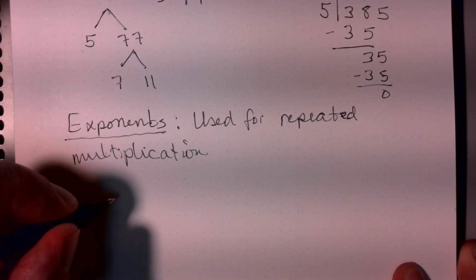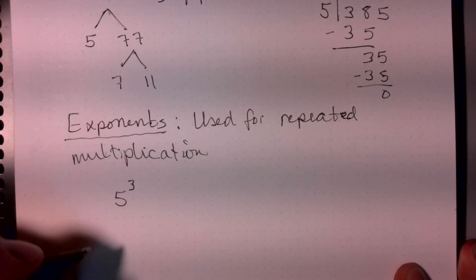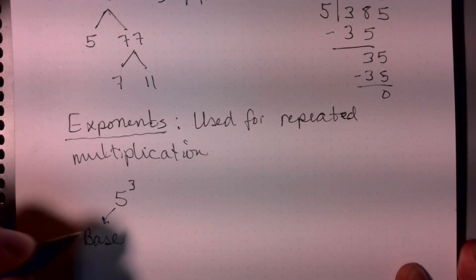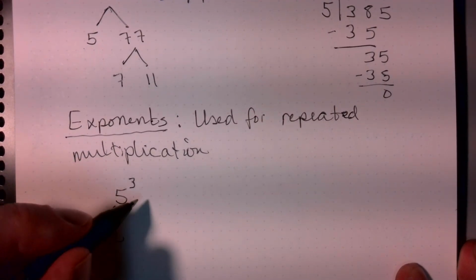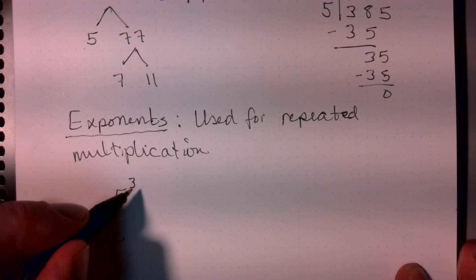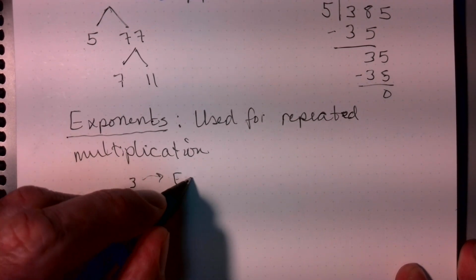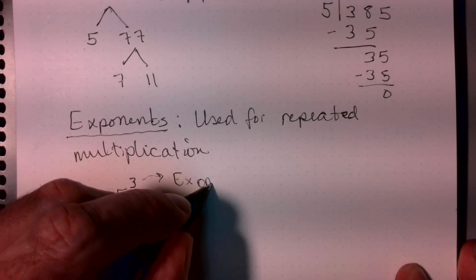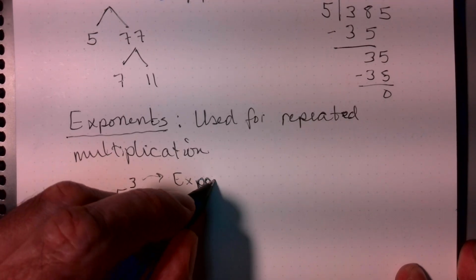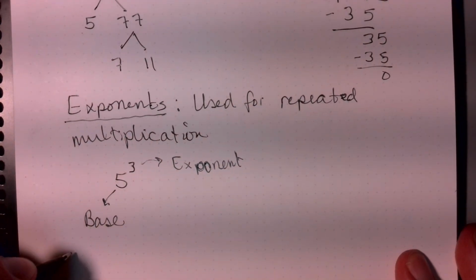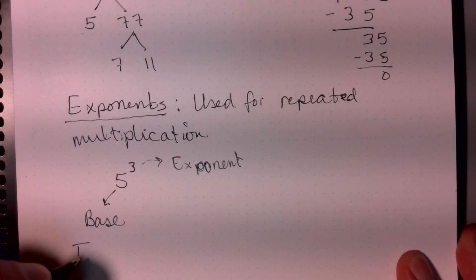Okay, so something like this. 5 to the 3. The number down here is your base. Okay, and this number up here, that's the exponent. Okay, the exponent tells you how many factors of the base you should put in your product.